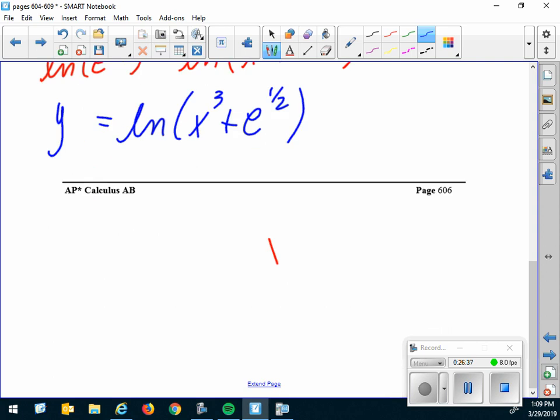Because that runs the risk of being negative, doesn't it? I think the answer ought to be absolute value bars there. I think it ought to be this. Because you cannot take the log of a negative number.